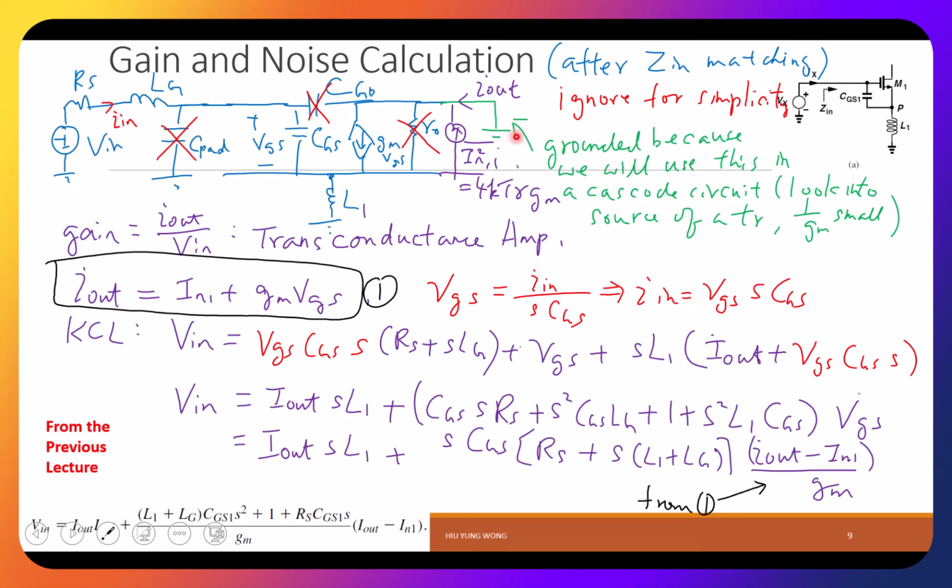I ground the output to get all this thing. Do you still remember why I ground it, although it's written here? Because we know that we are going to use this equation in the common source with Cascode. And the impedance you look into the Cascode transistor is very small. It's 1/GM. That's why I try to approximate it as grounded. Okay, so let's take a look later, right?